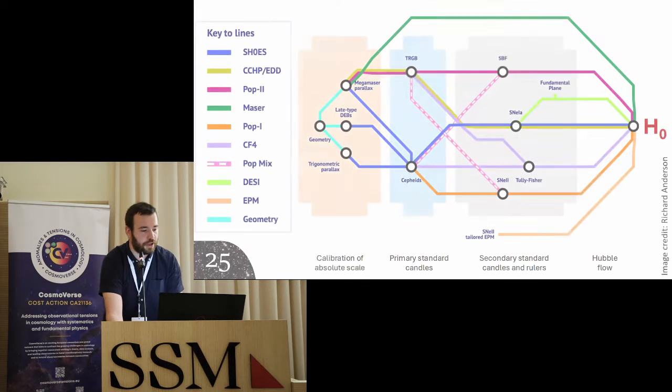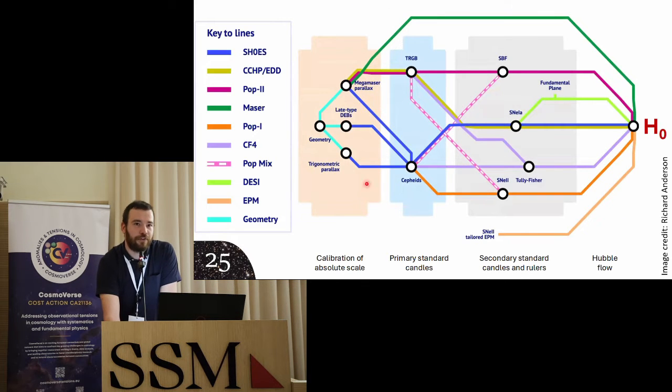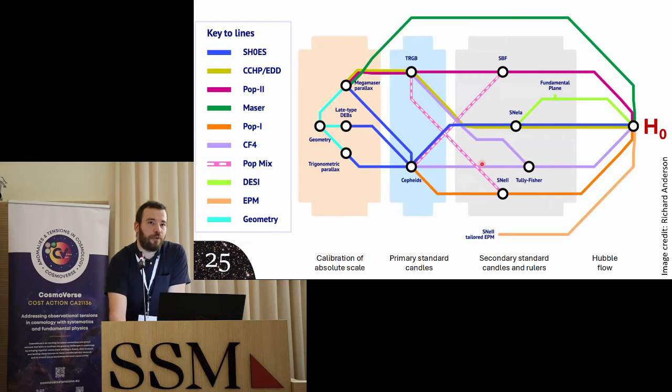I just wanted to show here a plot that Richard made for this purpose, which is a very nice metro line of the different techniques. Every single line corresponds to one path that you can take to H0, and here is what type 2 supernovae do currently with this modeling technique. But as I showed with this cross-check, we can actually try to connect these type 2 supernovae into many other different pathways as well to get a comparison between the different techniques.